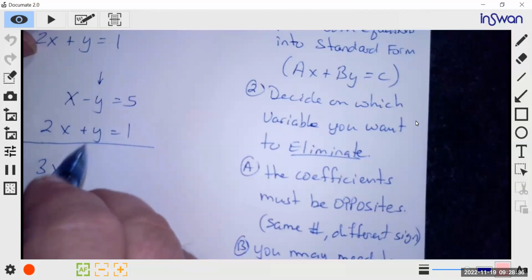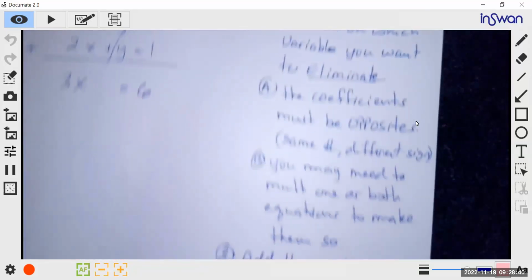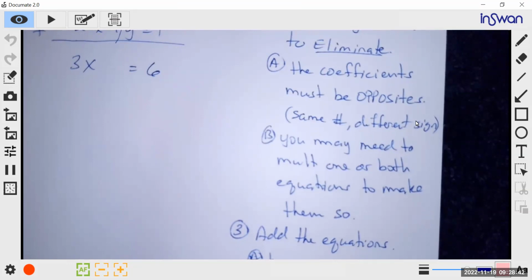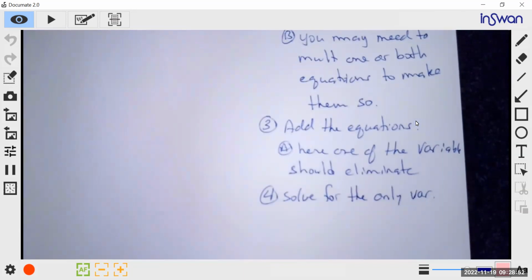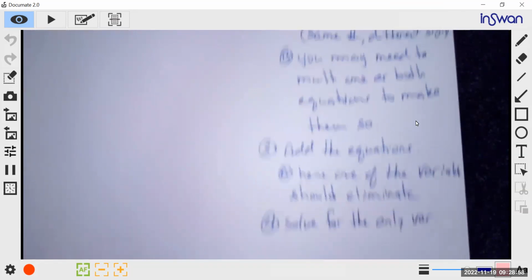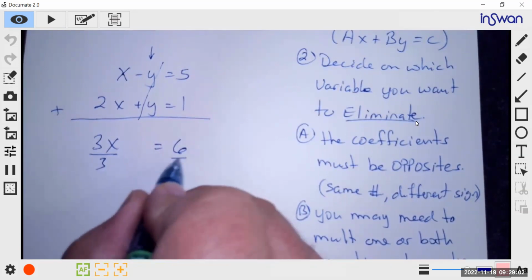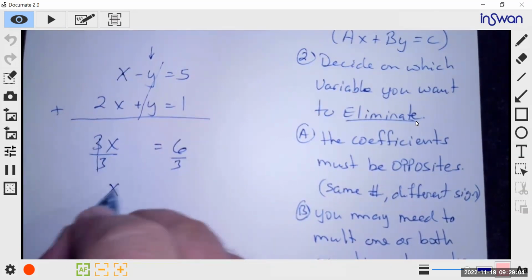Negative 1y, the y's cancel. 5 plus 1 is 6. Solve for the only variable. So we add them. Only thing we have left is 3x. So we divide by 3 on both sides. x equals 2.